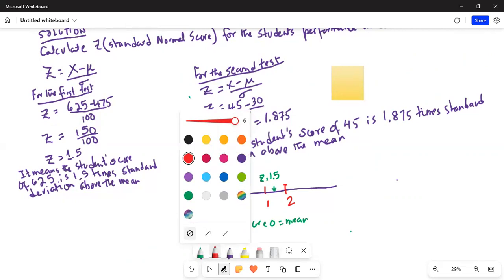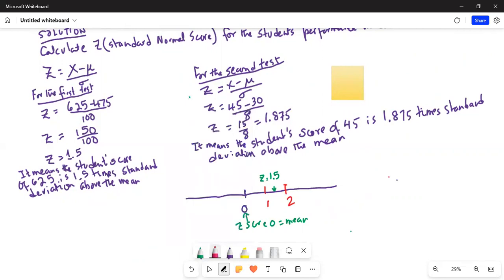Okay, so 1.875 is closer to 2. So somewhere over here is 1.875. So this is your 1.875 and this is your 1.5.